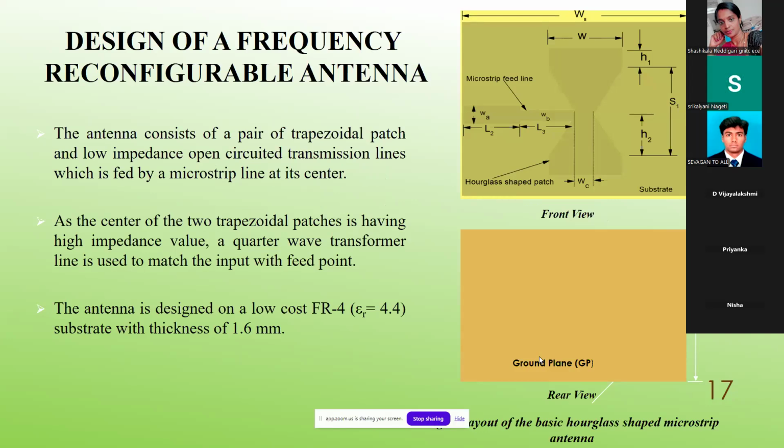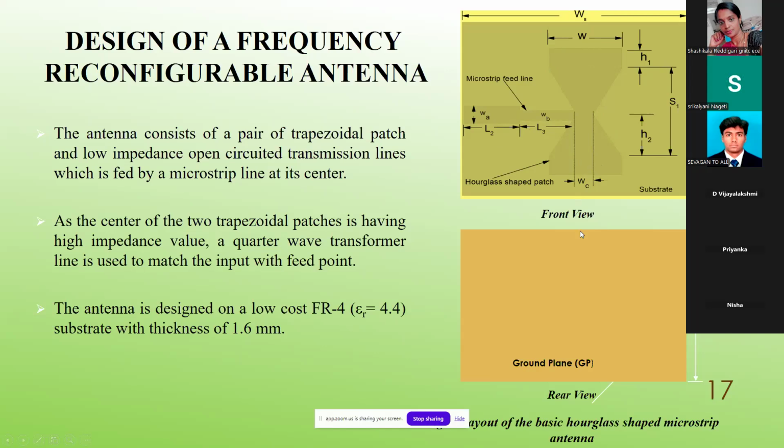Here you can see the field lines are microstrip field lines, but a quarter wave transformer is used for matching purposes, and different dimensions, say W, WC, WB, WA, L1, L2, all those things we have discussed in a table in the next slide, and how it will be helpful for reconfigurability using substrate enhancement.